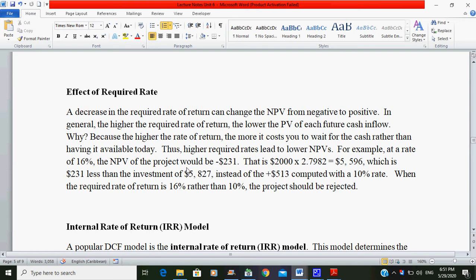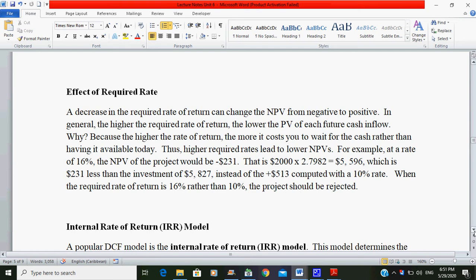For example, at a rate of 16%, the NPV of the project would be negative 231. This is 2000 times 2.7982, equal to 5596, which is $231 less than the investment of 5,827, instead of the positive 513 computed with a 10% rate. When the required rate of return is 16% rather than 10%, the project should be what?